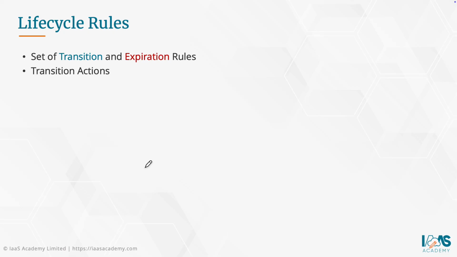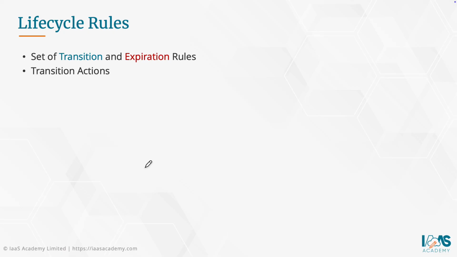So you could say, my standard data, the data that I'm currently accessing on a regular basis that I need instant access to, I will stop using so often. I will not access it on a regular basis, perhaps after a month or perhaps after 3 months. So after a month or after 3 months, you want to transition it to maybe the standard IA storage class.